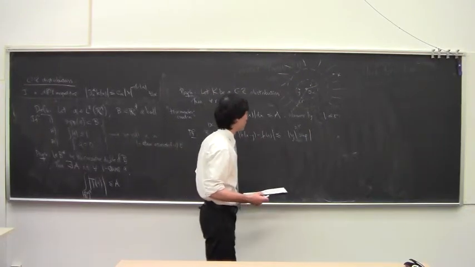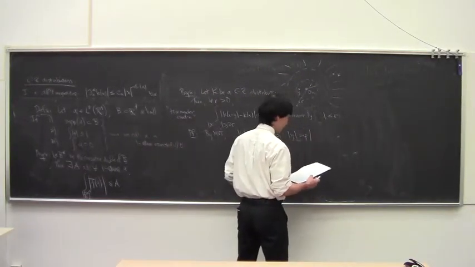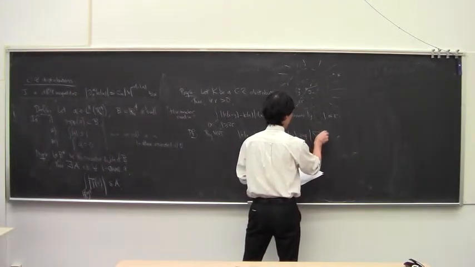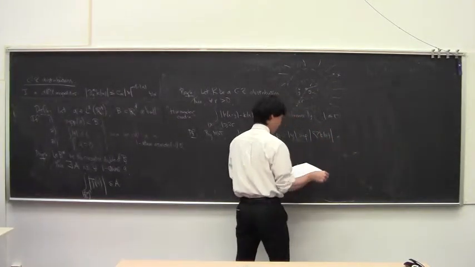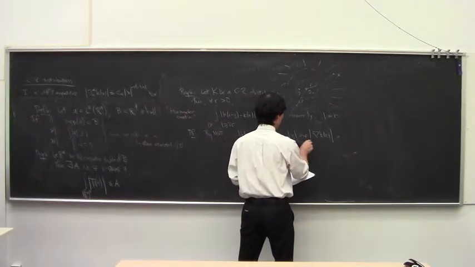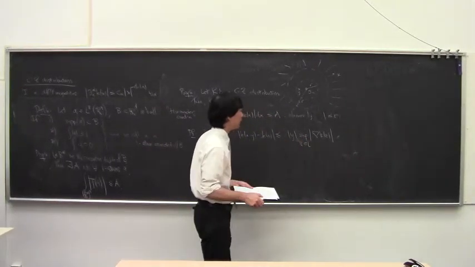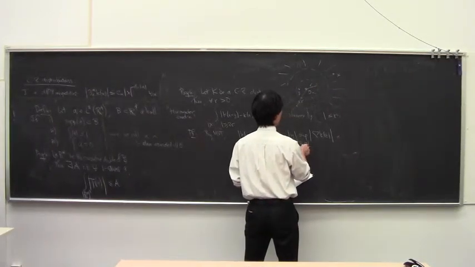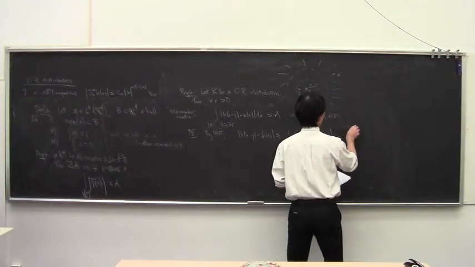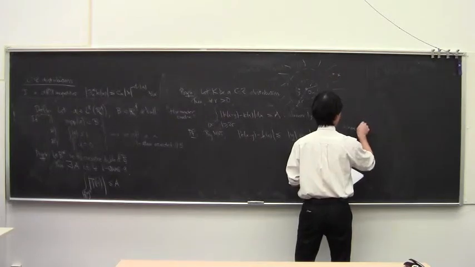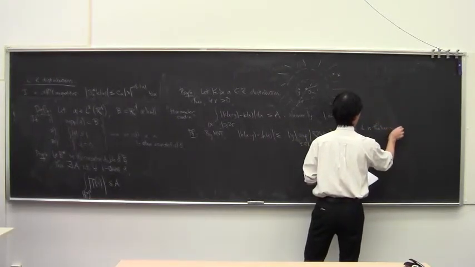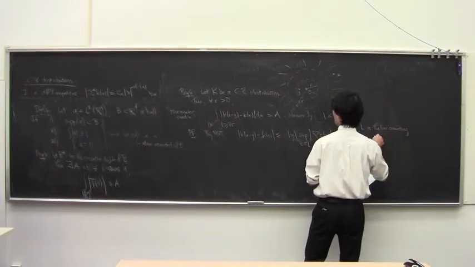So this is the trouble. It is controlled by the supremum of the gradient of k at z on the line L, where L is the line connecting x to x minus y.